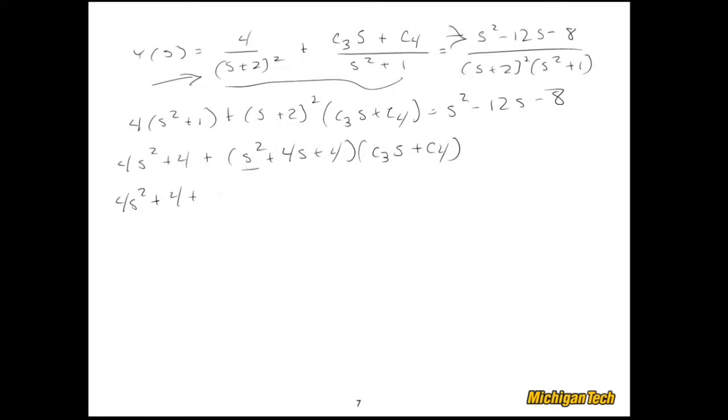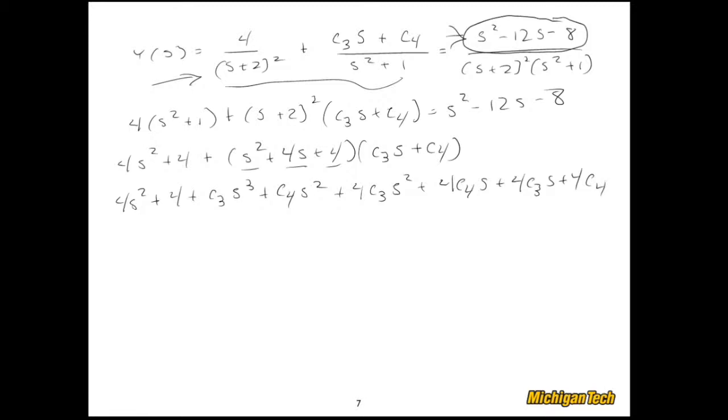I'll do that one first: plus C3s cubed, plus C4s squared. Now I'll do that one: plus 4c3s squared plus 4c4s, and finally that one, 4c3s plus 4c4. And that has to equal this.